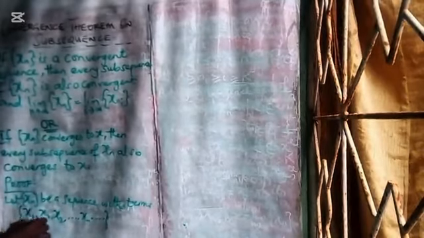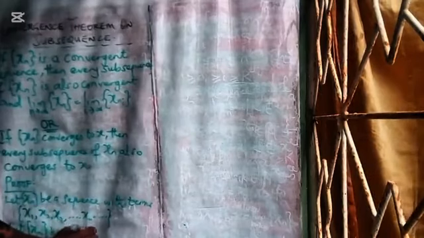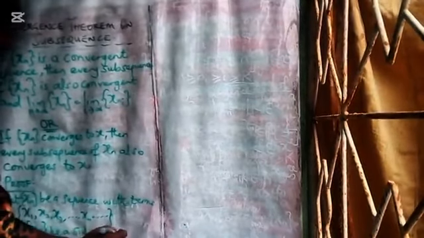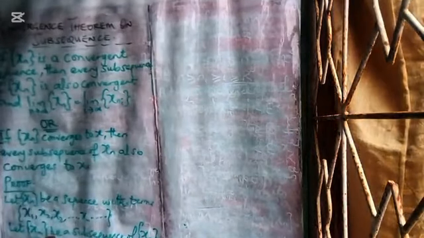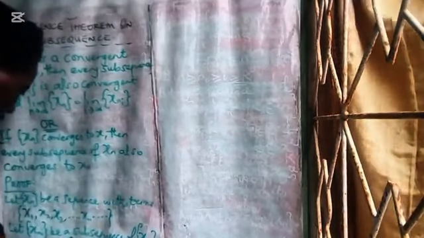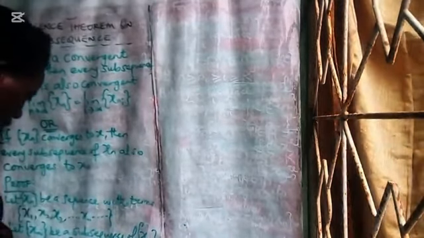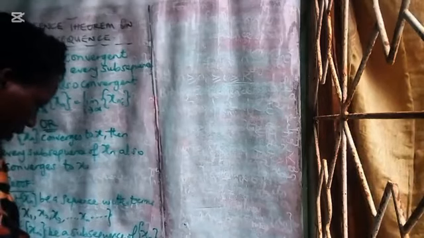And let x of ni be a subsequence of x of n with terms, what will be the terms? That will be x of n1, x of n2, x of n3 down to x of ni, and it continues like that.